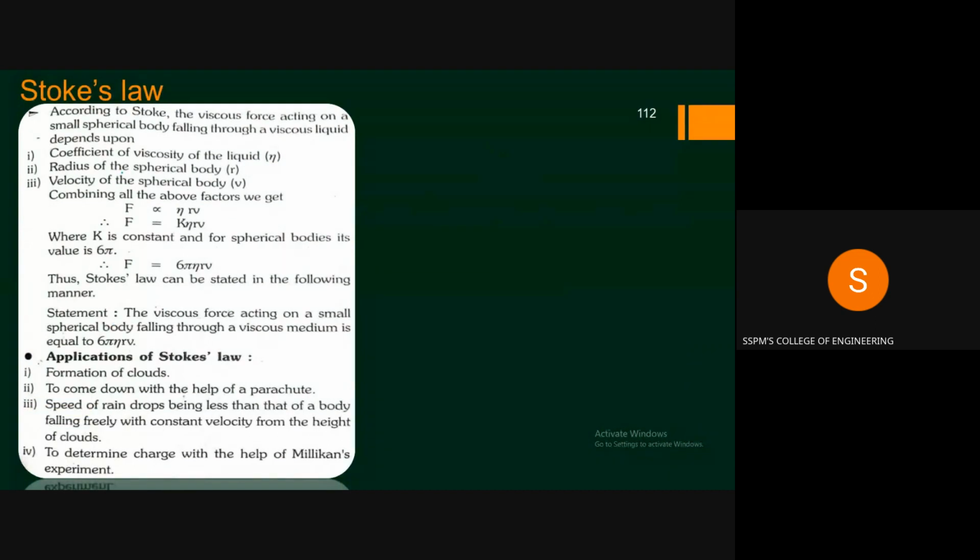Now, depending on the viscosity concept, there is one law which is called Stokes law. Stokes law gives the relation for the force acting on the sphere or the drop that moves through the viscous fluid. Suppose this is the sphere and it is freely falling in some viscous fluid, you can consider oil.